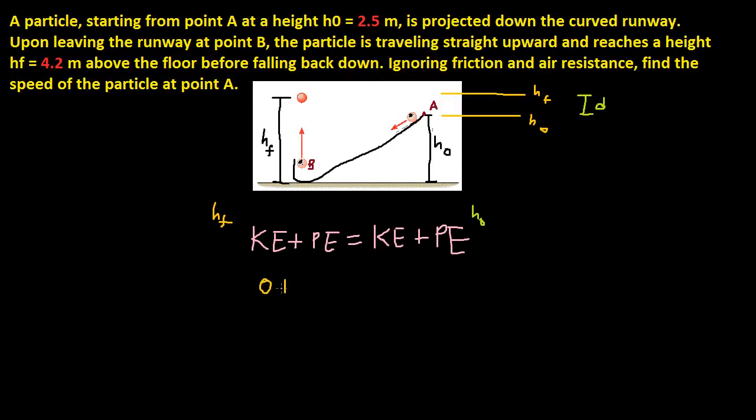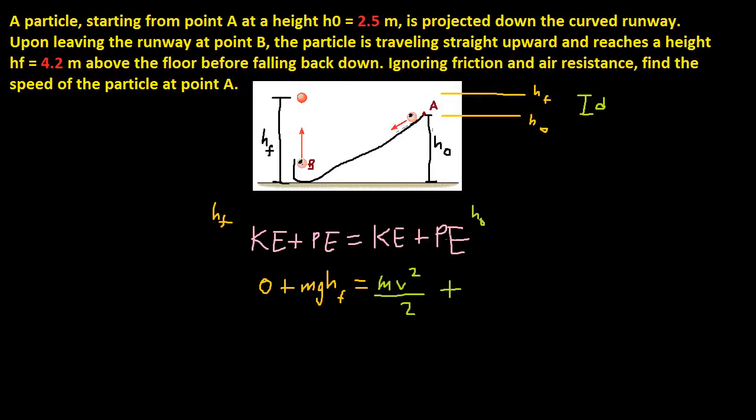What is its potential energy? Well, it's mg times H final, and that is equal to, well, what is our kinetic energy here? It's mv squared over 2. mv squared over r is circular motion, the centripetal force formula, and we're not concerned about that right now.